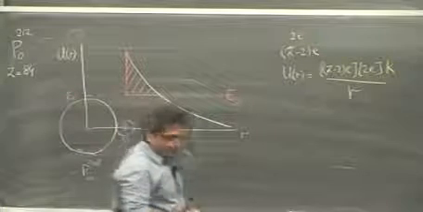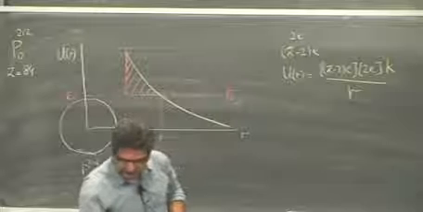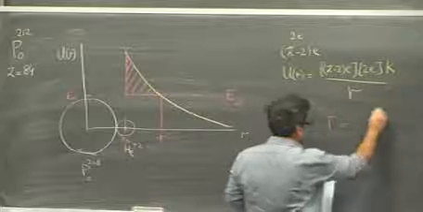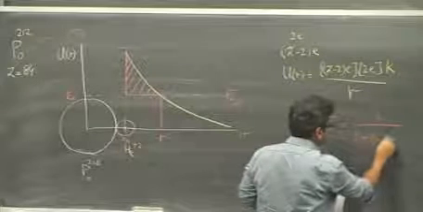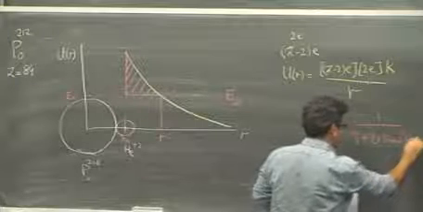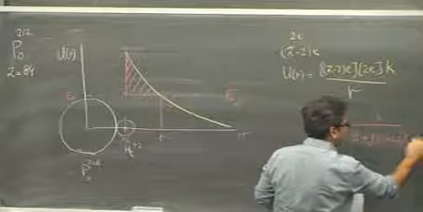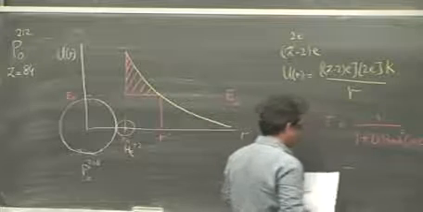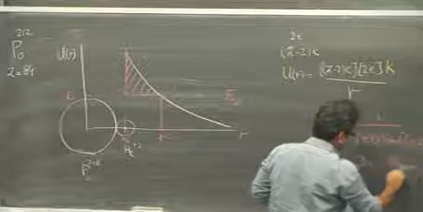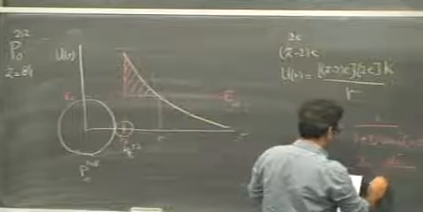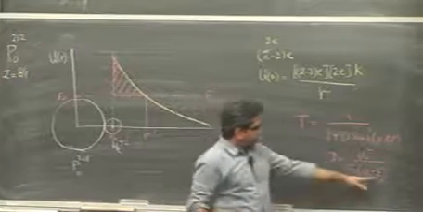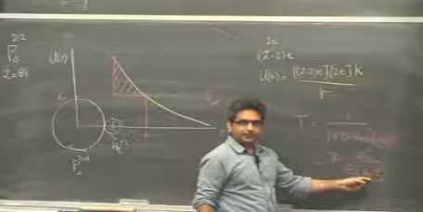For the rectangular barrier, we had an expression like this: one plus d sinh squared of alpha delta r, where delta r is the width of the barrier, and d equals U naught squared over 4E times U naught minus E. Here E is the energy of the system and U naught is the height of the barrier.